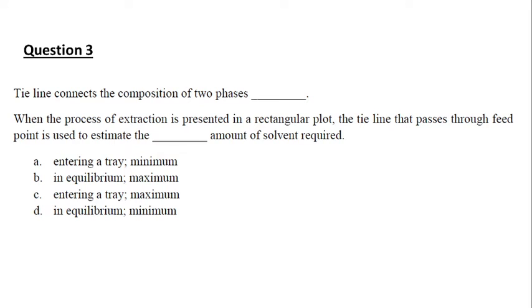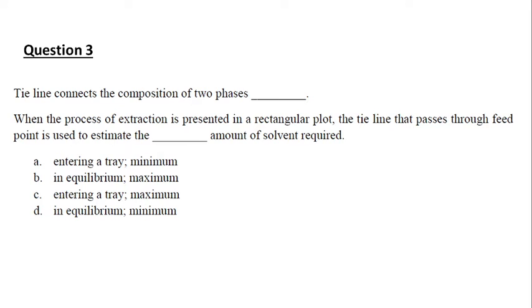Then question number 3, tie line connects the composition of two phases dash when the process of extraction is presented in a rectangular plot. The tie line that passes through feed point is used to estimate the dash amount of solvent required.